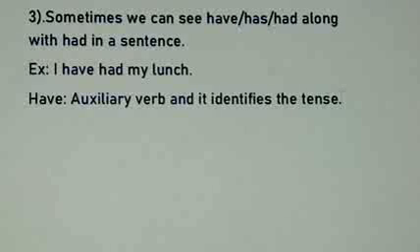Okay, over here it is identifying the tense, that in what kind of tense the sentence is.